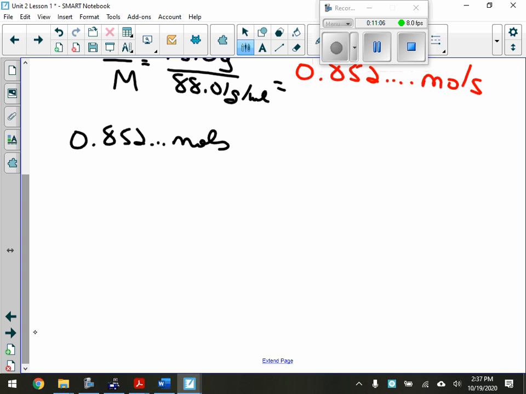I don't care what the number is, because it's on my calculator. You can just put 0.852, that's fine too, but the dots imply that I'm not rounding this. This is the number on my calculator, and I'll use that.